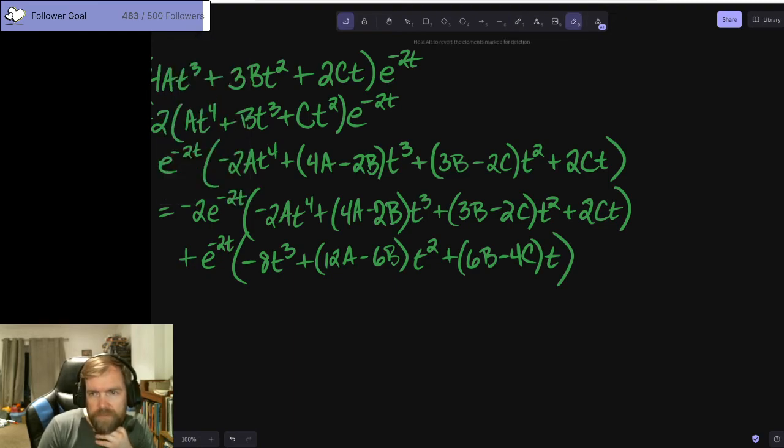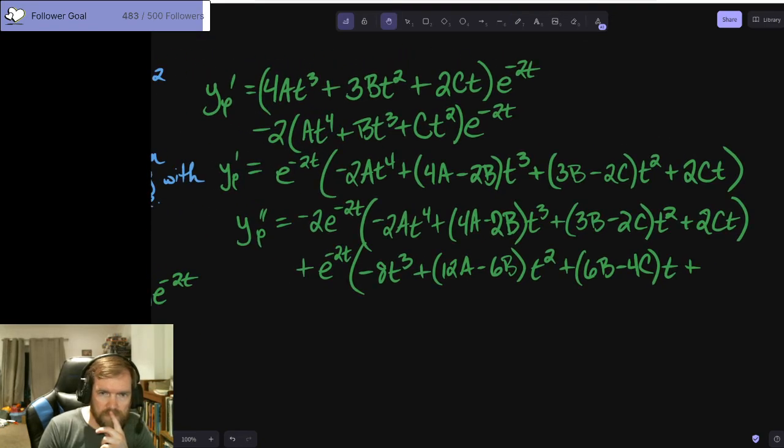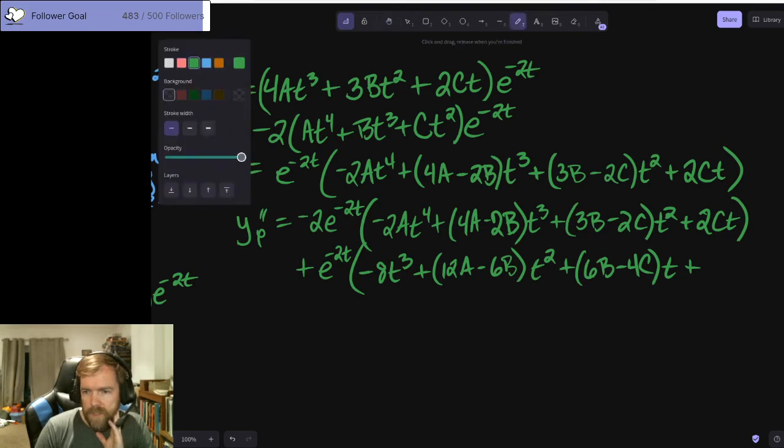Take the derivative of what's there, and all in one line, that's a 2ct. Okay, good. 2c, just as a constant.